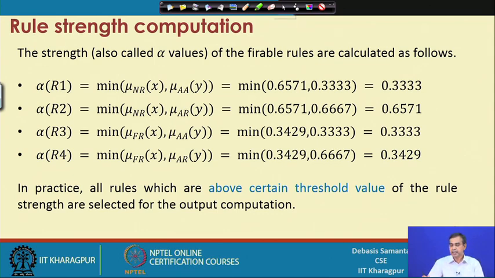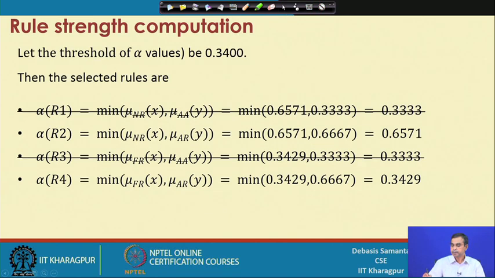Now, if we consider for an example that the threshold value is 0.3400, then the rule that will be shortlisted is there. So, if we consider the threshold value is 0.3400, then this rule will be ignored, this rule will be ignored, and only this rule will be considered.